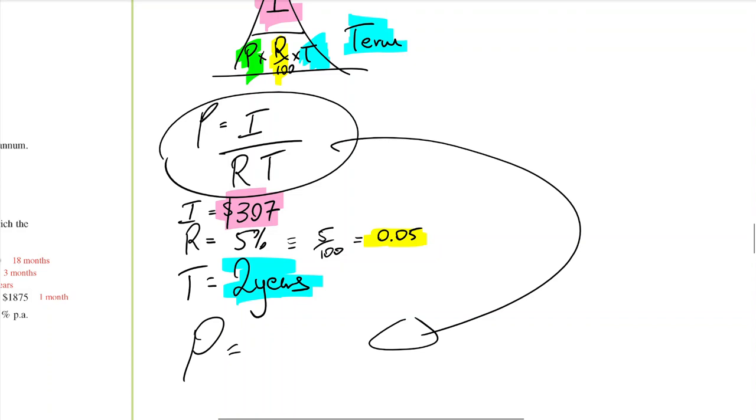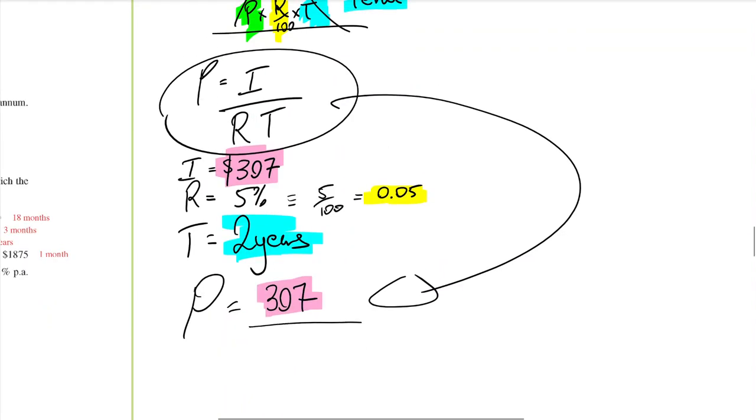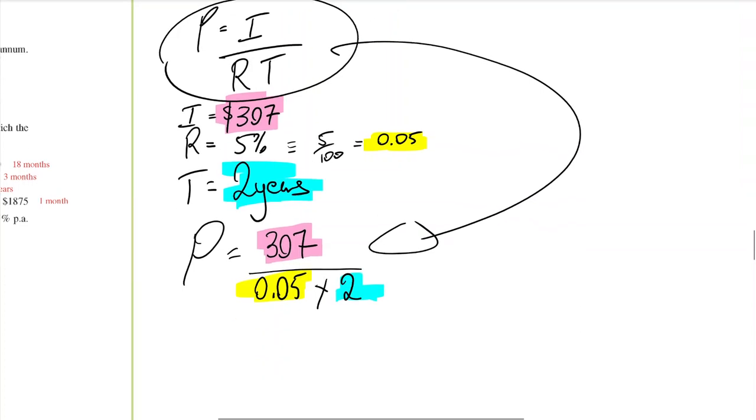Principal equals interest, you just plug that value, 307, divide by the rate. Remember, don't put the percentage rate, you put 0.05, because you've already converted it. Times the time period, and that's 2 years.